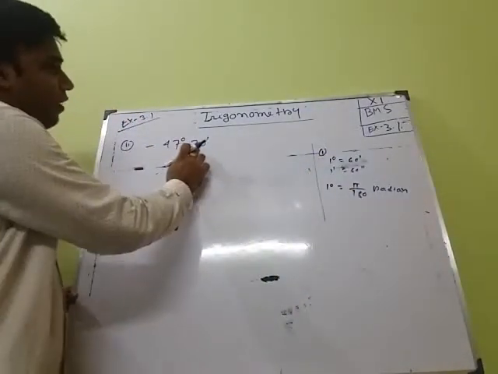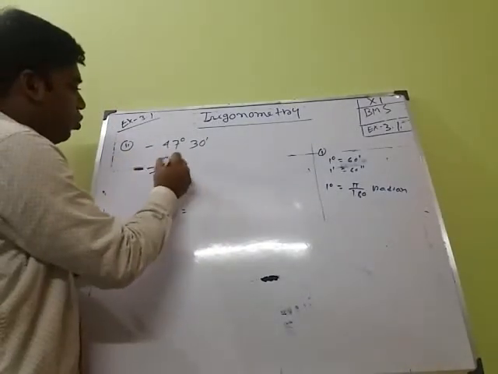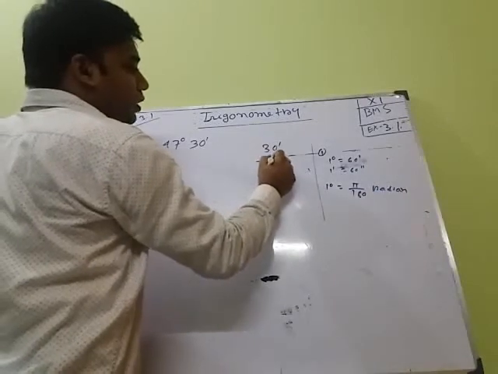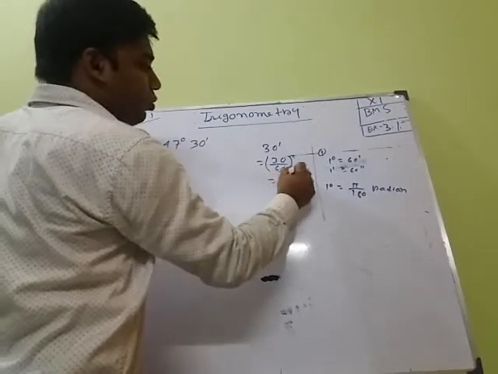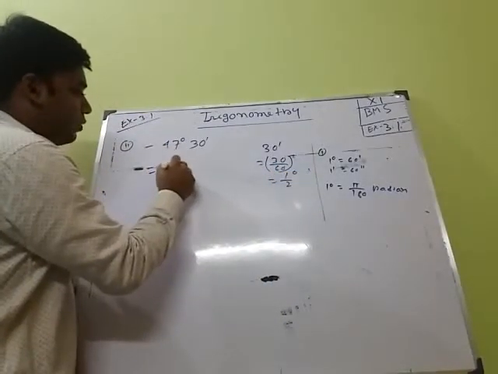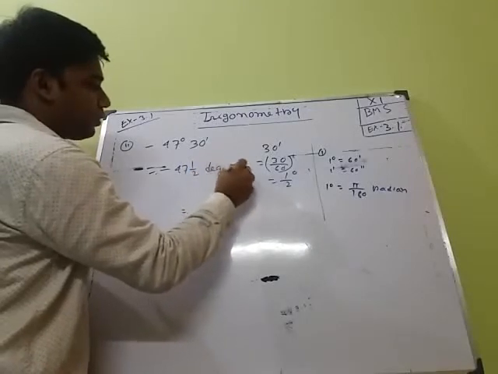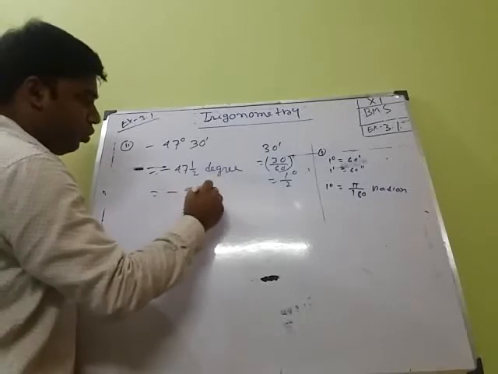It means if I want to change minute into degree, we have to divide by 60. So 30 minute equals 30 by 60 degree, that is 1 by 2 degree. So total minus 47 and 1 by 2 degree, that is minus 95 by 2 degree.